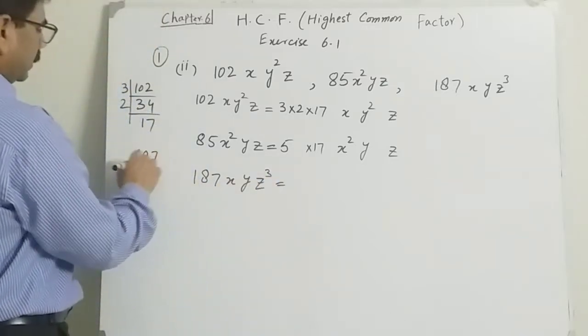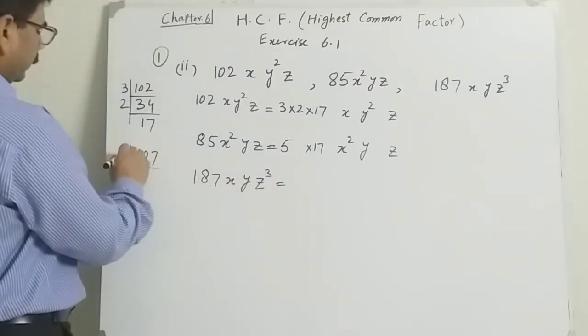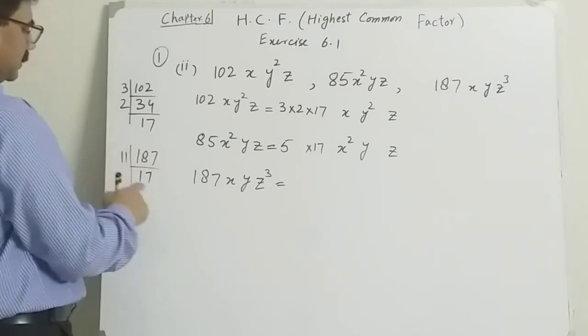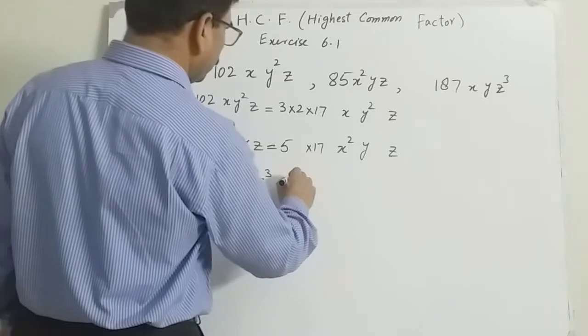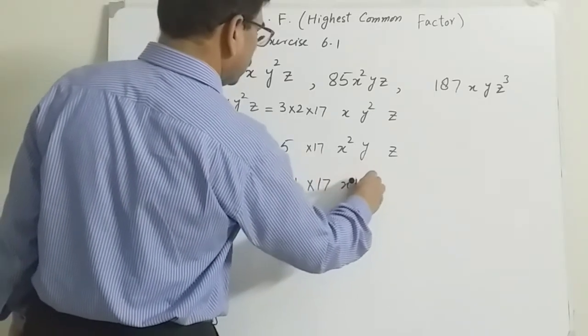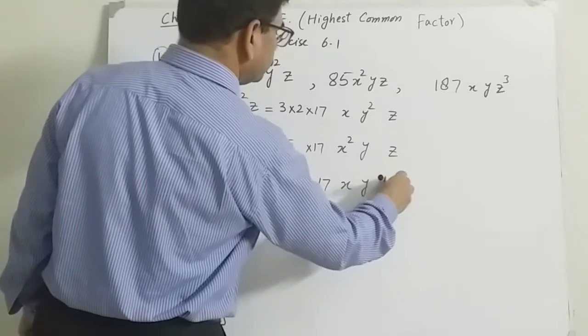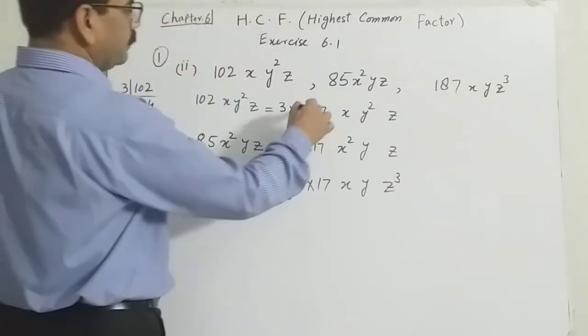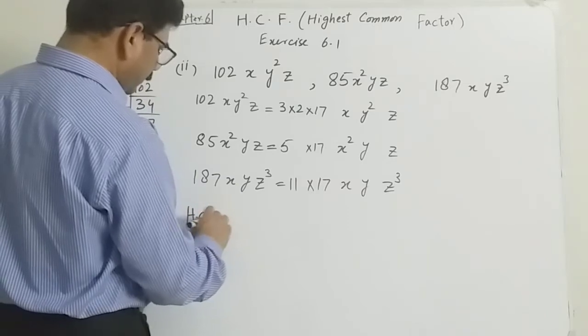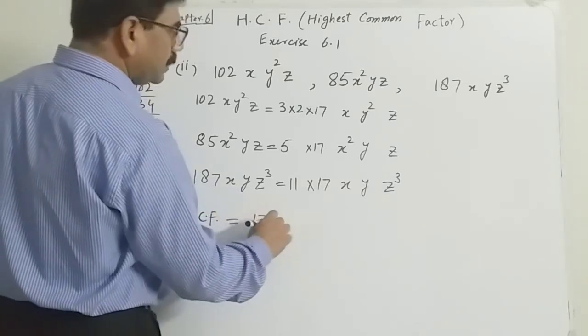Now third expression is 187xyz^3. Factorization of 187 will be done like this. It can be divided by 11, and 11 times 17 is 187. So we will write it as 11 multiplied by 17 x y z cube. Now common factor is 17, therefore HCF will be equal to 17.